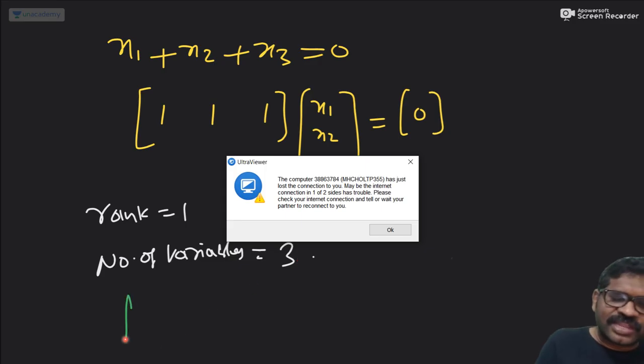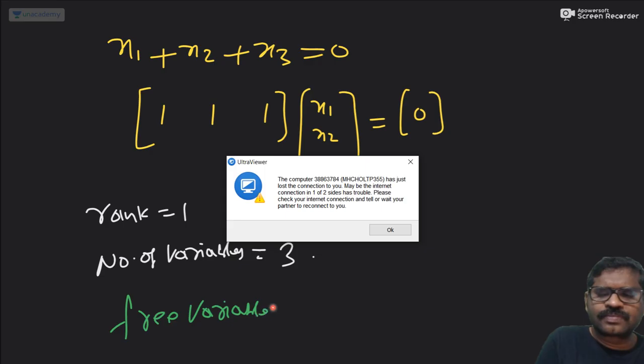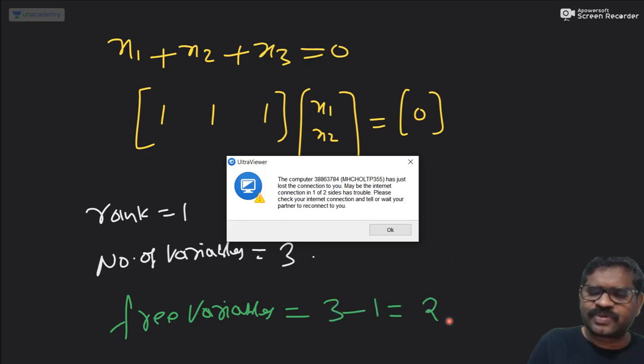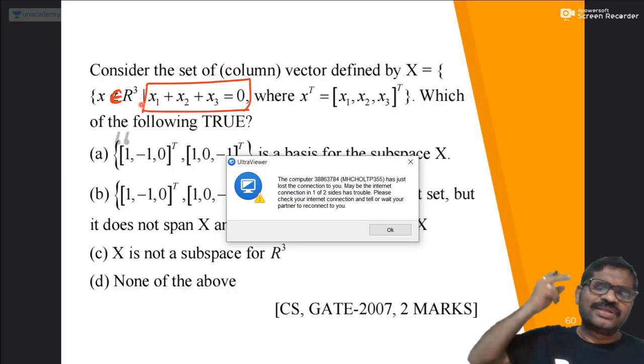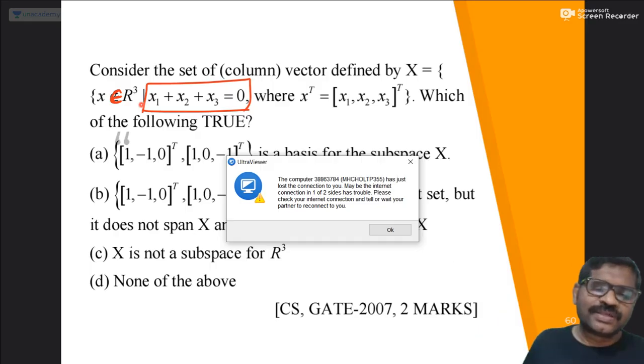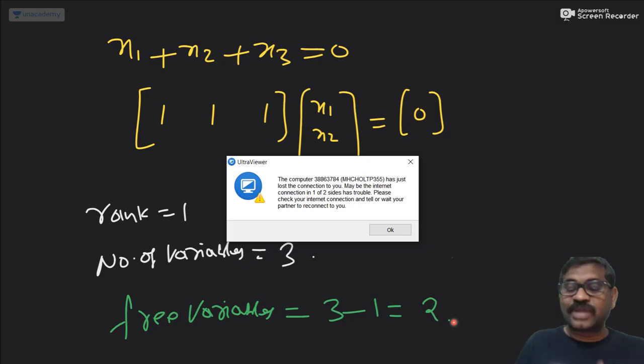So free variables: 3 minus 1, which means 2. One minute, observe. In the options we have, okay, 0 is in second place and 0 is in third place. No, I am verifying because I have to decide which variable to take as K1, K2, like that. Because we have two free variables now.